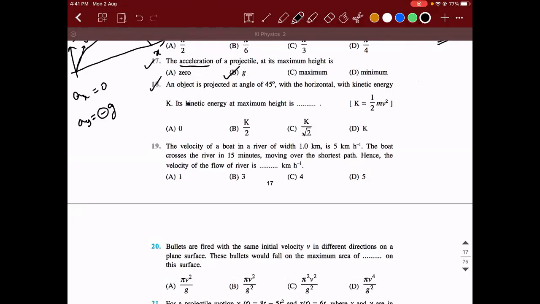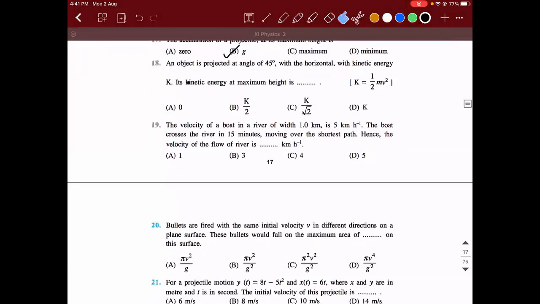18th. An object is projected at an angle of 45 degrees with the horizontal with kinetic energy K. Its kinetic energy at maximum height is. Is it 0? No. Why will it be 0? Sir, it is coming to instantaneous rest only in the vertical direction. You guys need to recollect the concepts. So when an object is projected in the projectile motion, which velocity remains constant?